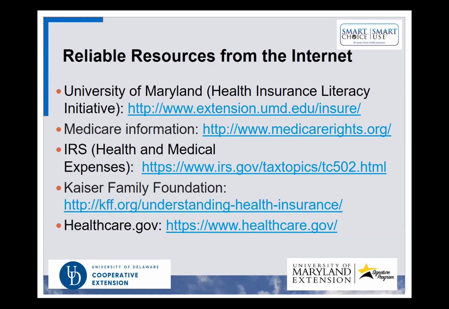The IRS has a great Publication 502 that really speaks to the tax and healthcare cost side of things. The Kaiser Family Foundation has some good resources as well. And then healthcare.gov is where we got a lot of our resources regarding the terms and information.